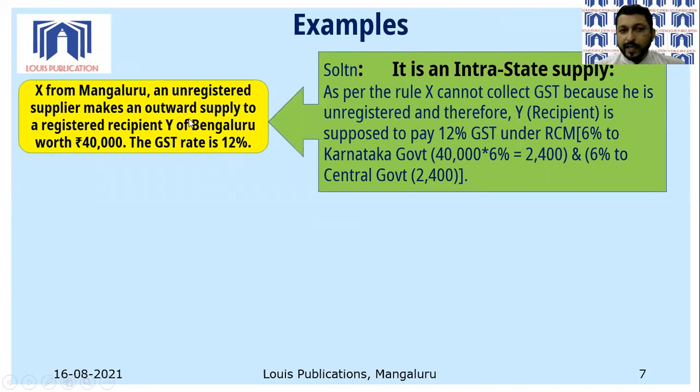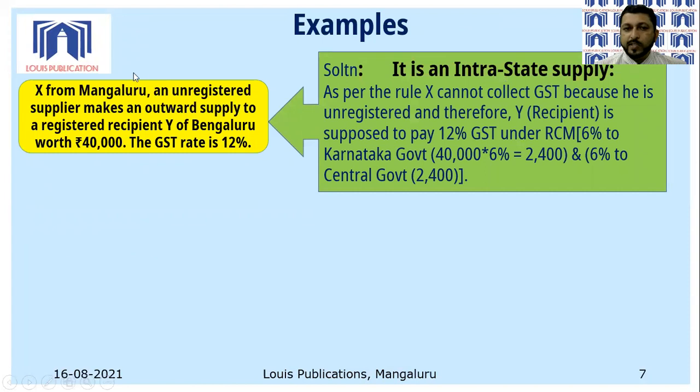Since this is an intra-state transaction, 6% of 40,000 will be deposited with the Karnataka government because the recipient is based at Bengaluru. So Karnataka state will earn revenue, 50% of the GST portion. So 12% GST: 6% to the Karnataka government, that is 40,000 into 6%, and the other 6% on 40,000, that is 2,400, to the central government.